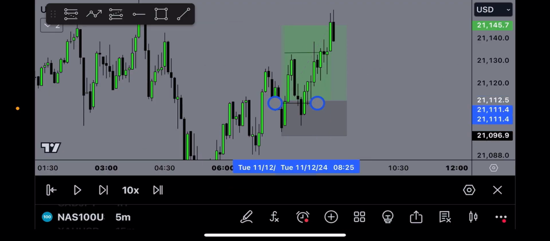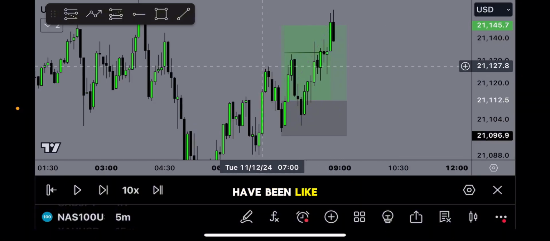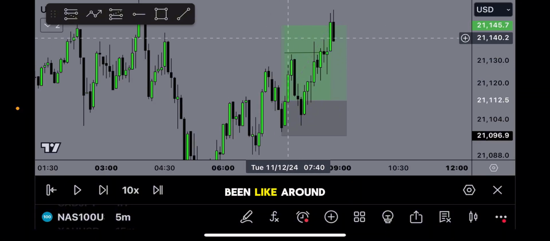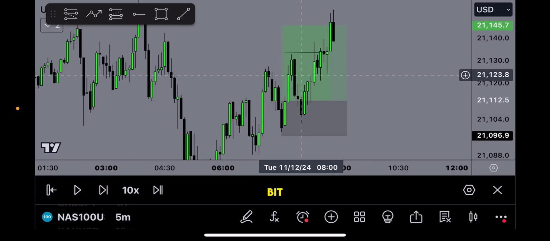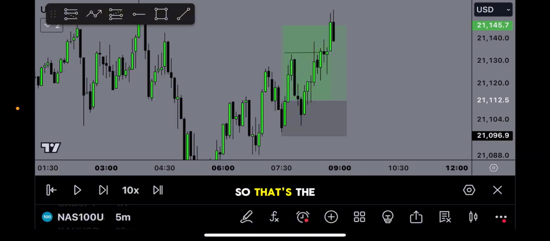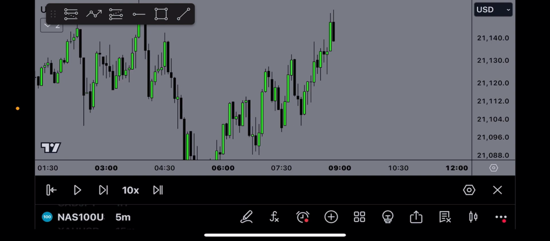Oh, let me take this out. Yeah, you would have ridden the wave. TP1 would have been right here, and then TP2 would have been around here. So you would have cleared on that too, even though price pulled back and rejected a little bit, it's still cleared. So that's the basics of supply and demand.